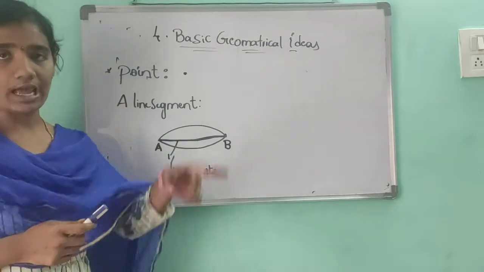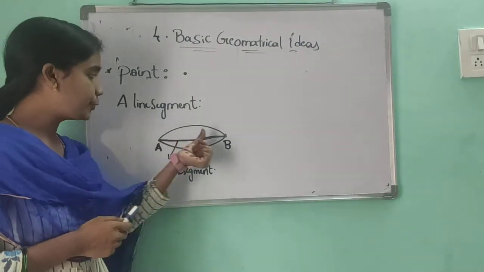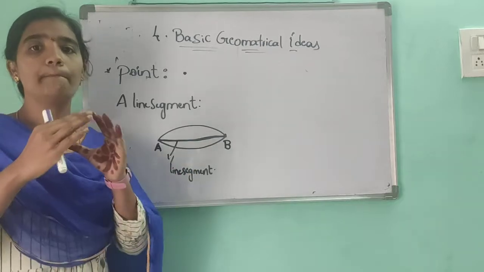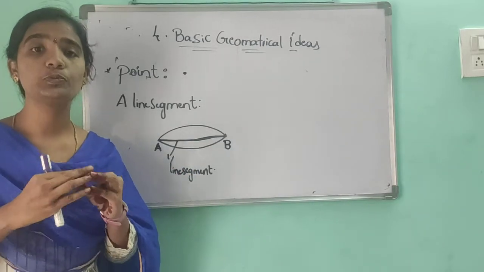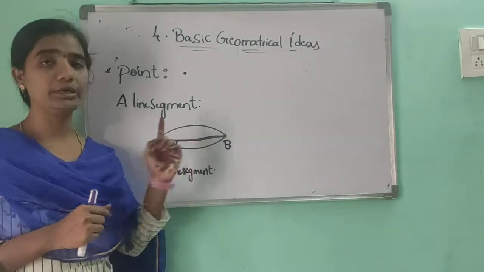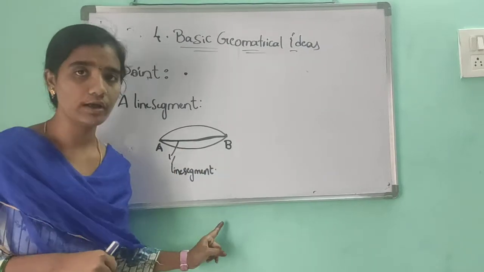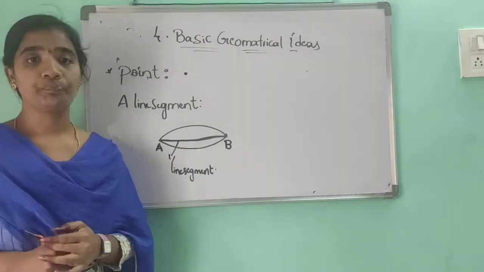Among these three lines, the middle one from A to B has the least possible distance, so this line is called a line segment.